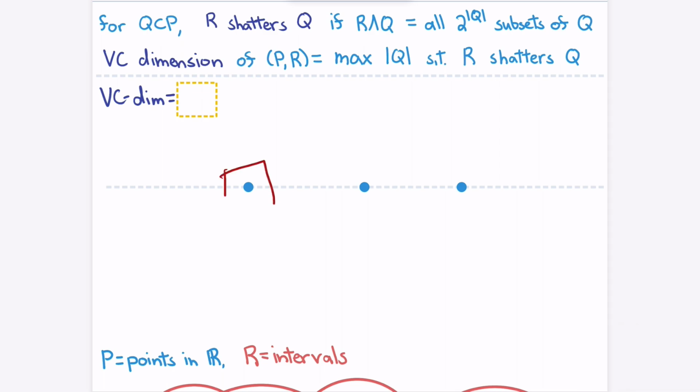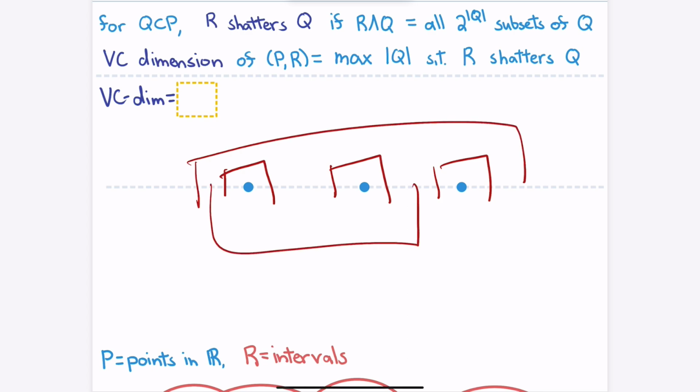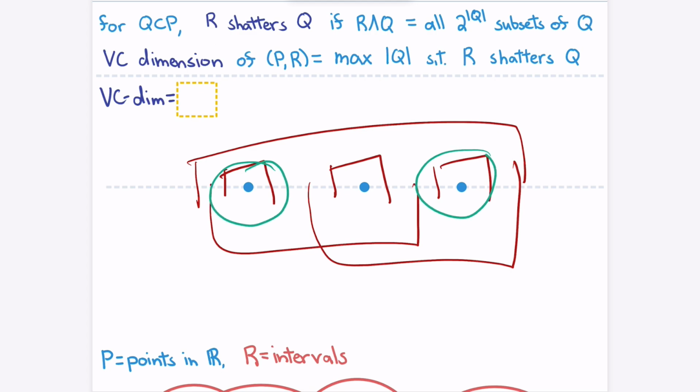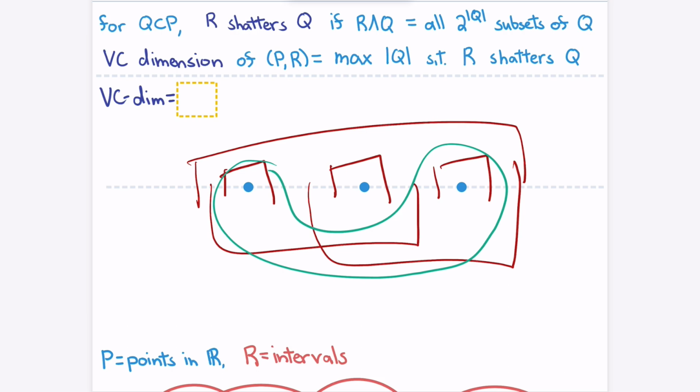Obviously, you can shatter the individual sets, so you can get singletons, you can get the whole thing, you can get parts like this, right? But the tough case is if you wanted to do these two together, right? You can't find an interval to contain those 2 points. So bummer. Guess I should have written two based on my definition. Okay, so it's two.